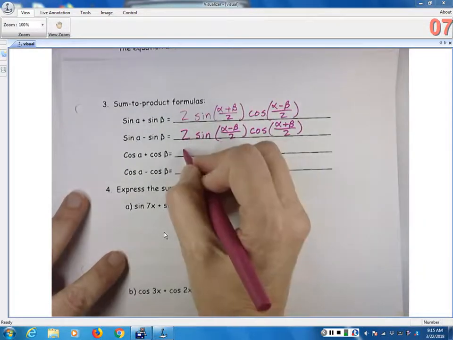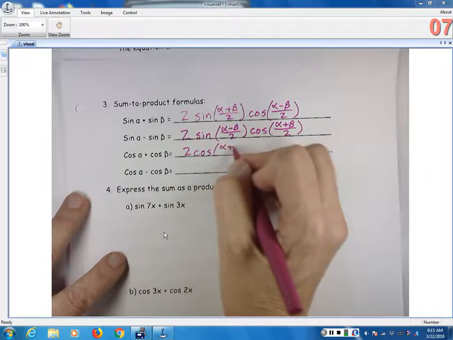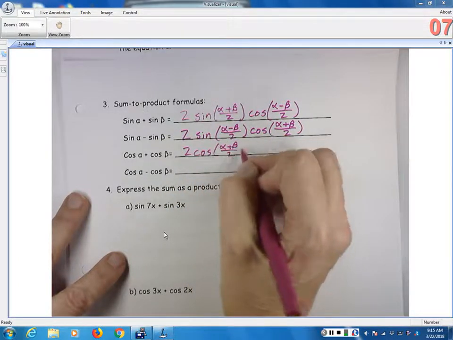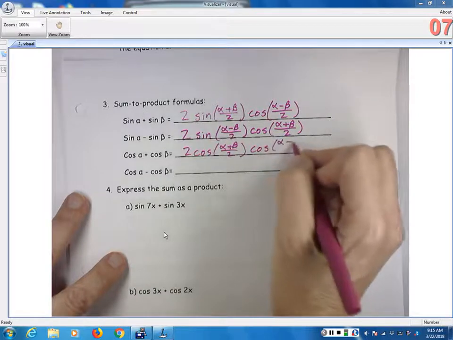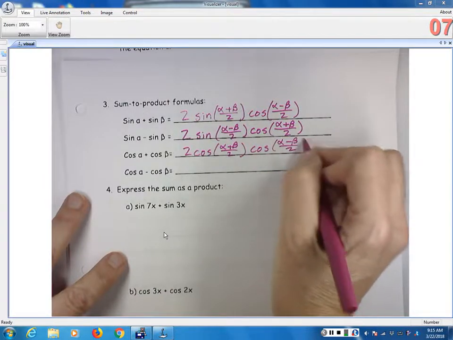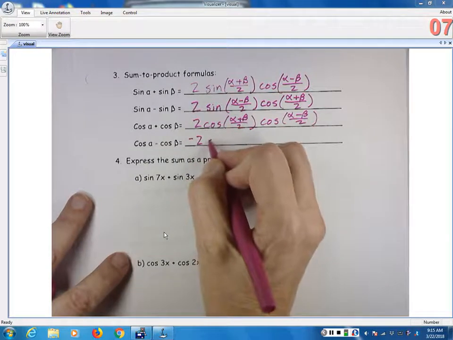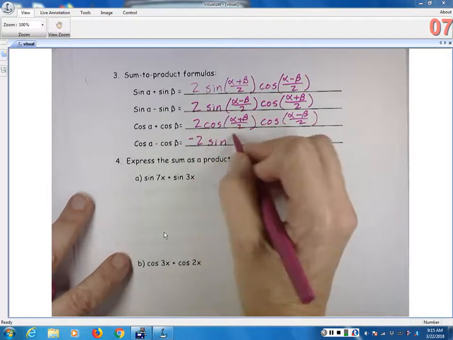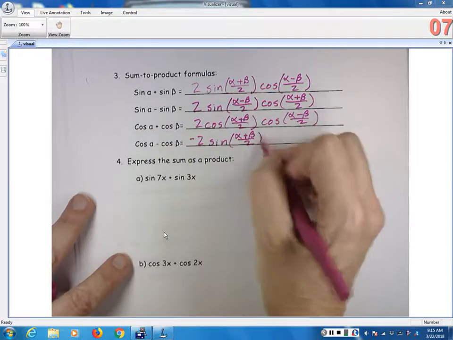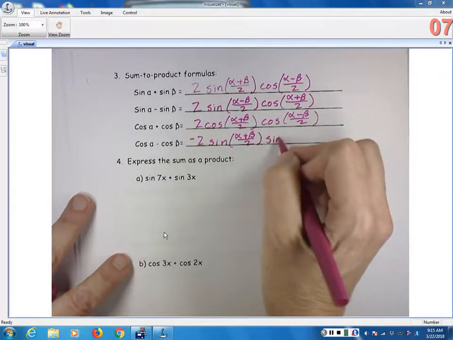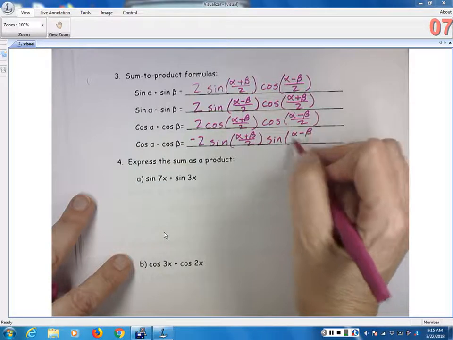And this is 2 cosine alpha plus beta over 2 cosine alpha minus beta over 2. This is -2 sine alpha plus beta over 2 sine of alpha minus beta over 2.